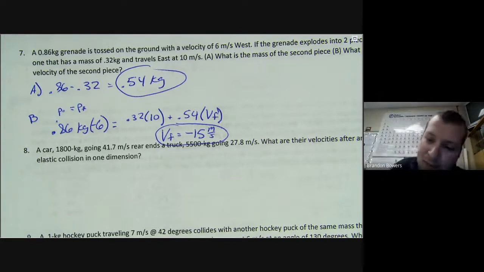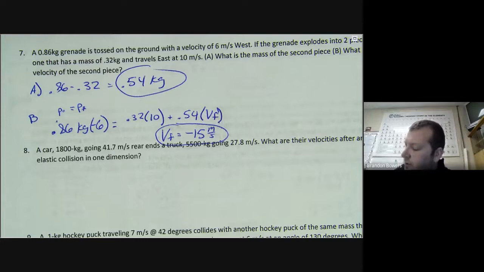Okay, so I would love to do this problem for you. I'm going to describe how to do it, but I don't feel like doing the entirety of the problem out. What you've got to do is solve for one of the factors. So let's say you solve for the velocity of the car.